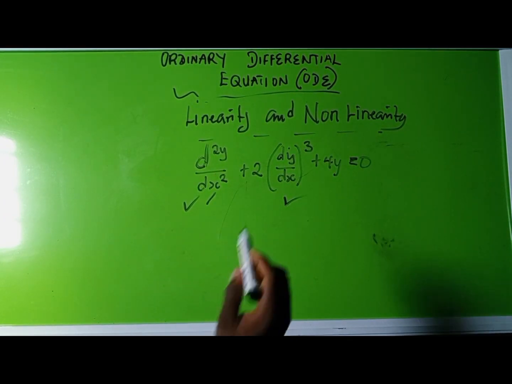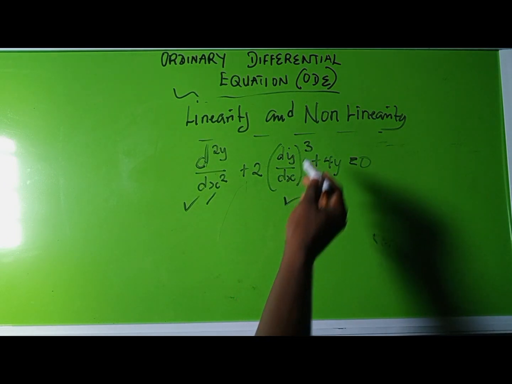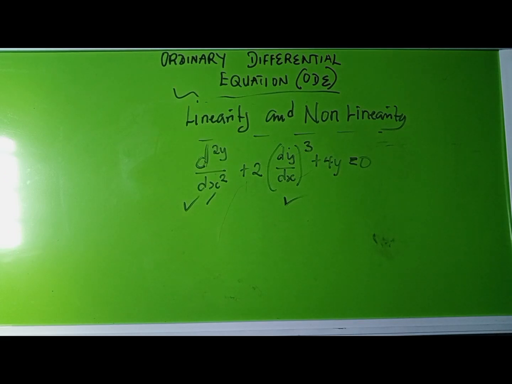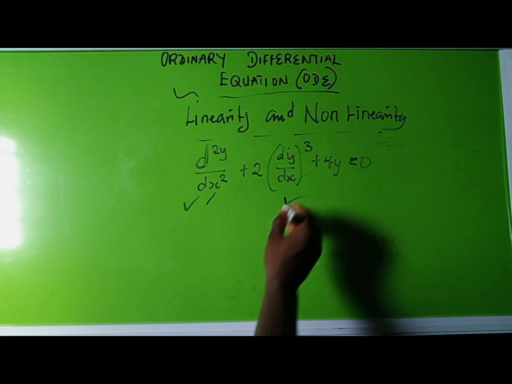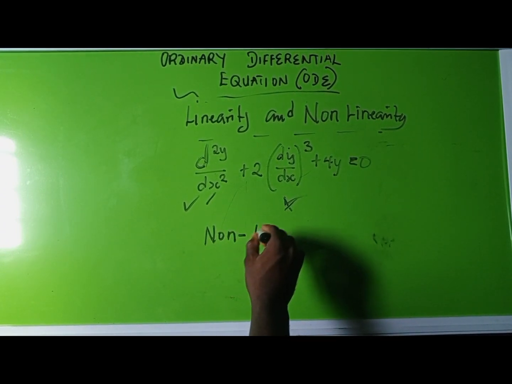It's not obeying the law because of the degree. The degree of the derivative is 3, but they said the degree should be only the first degree, so this equation is non-linear.